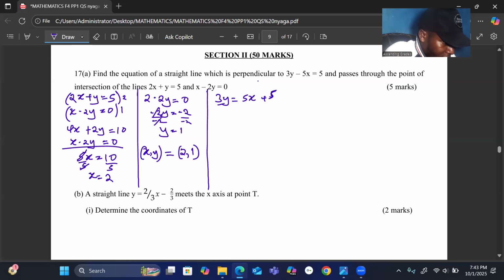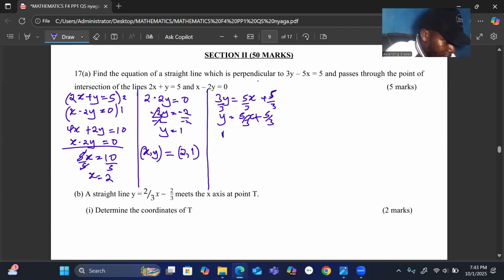We divide by 3, so y will be equal to 5 over 3 x plus 5 over 3.